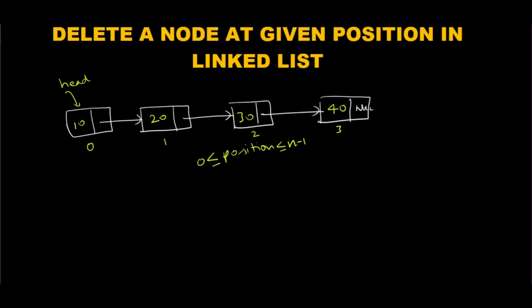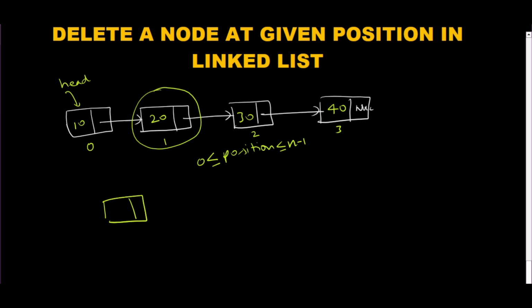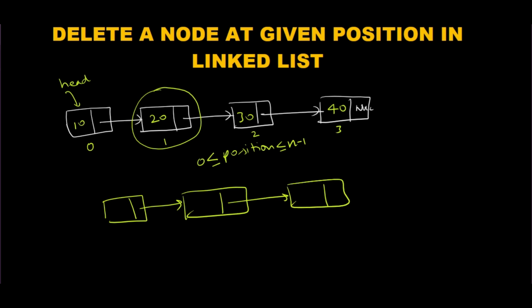So how can we approach this solution? Suppose if we have to delete this node present at position 1. After we delete it, our linked list should look something like this. It will have only 3 elements: 10, 30 and 40.